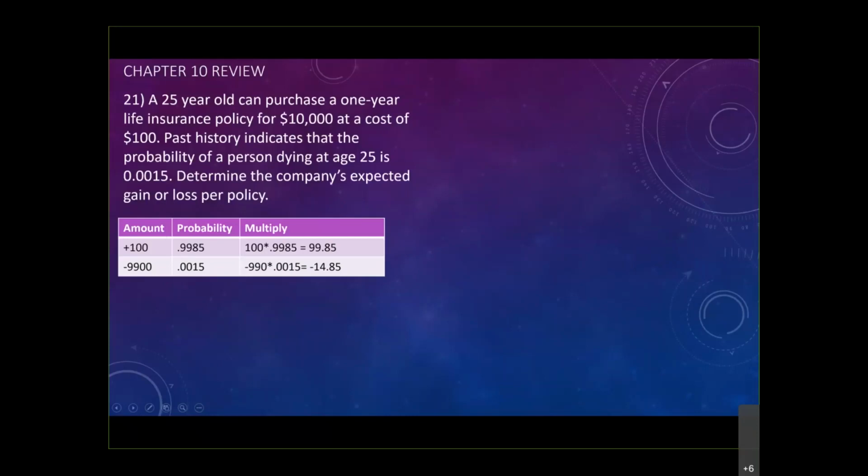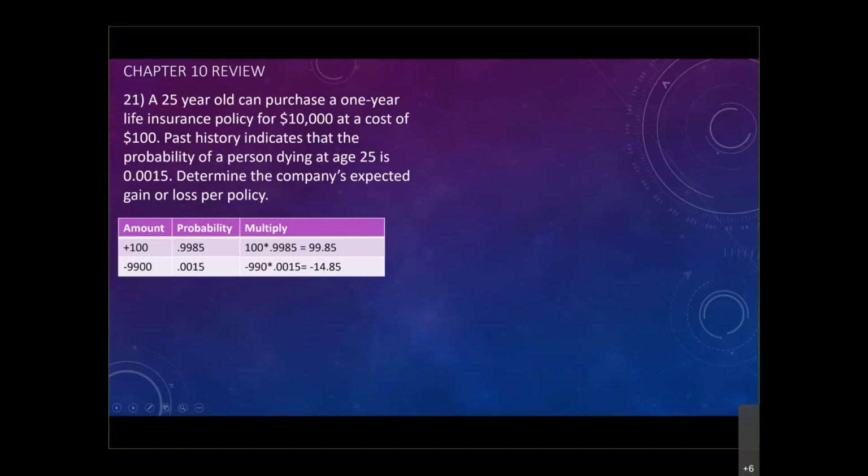And the amount that they lose, for instance, if I buy this policy and I were to die at the age of 25, everybody see that the company pays out $10,000, but they not really pay out $10,000. Why? Because they took my $100 and they give me $10,000, so they only actually pay out $9,900.